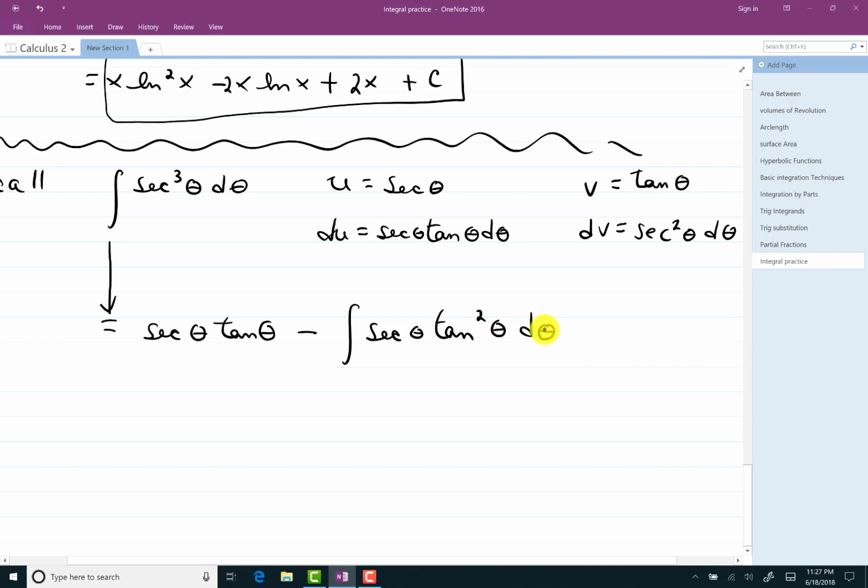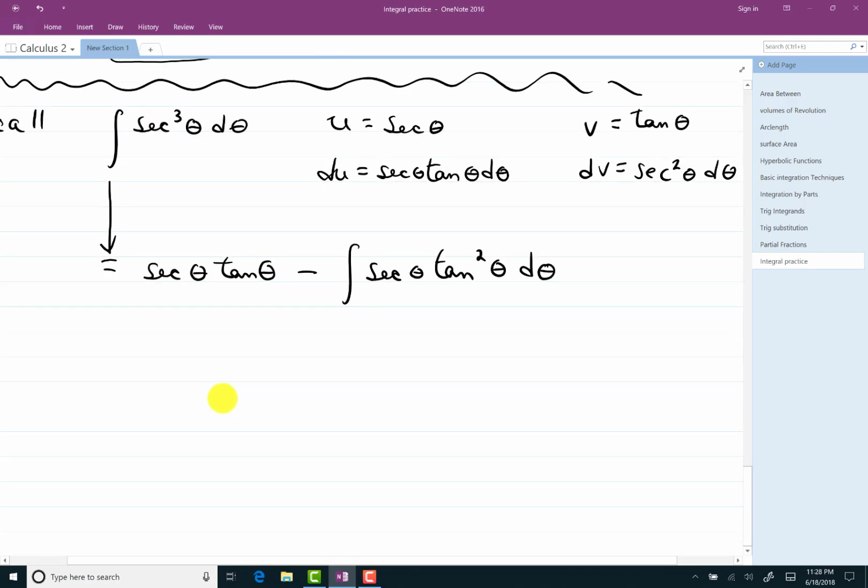If you are planning on using integration by parts a second time, I urge you not to all of a sudden let u equal secant theta tangent, or I'm sorry, dv equals secant theta tangent theta, even though you could do that and let u equal tangent. What you're doing is you'll basically be erasing what you had just done. You'll undo it by reversing the steps you did the first time.